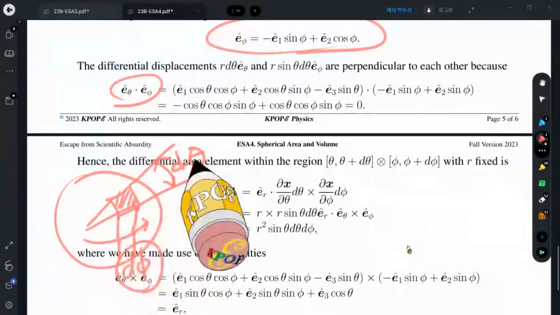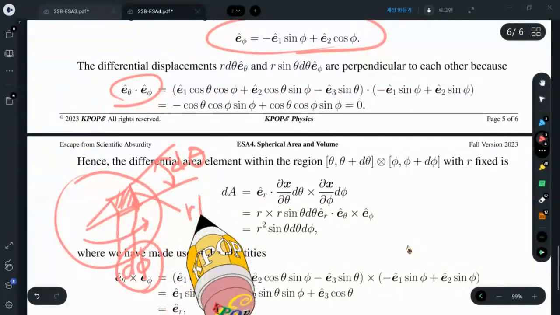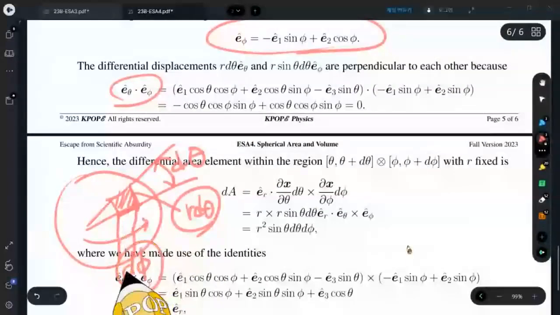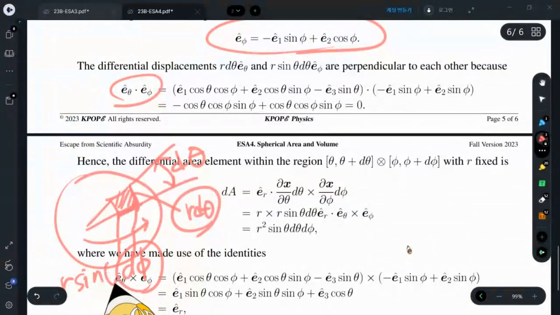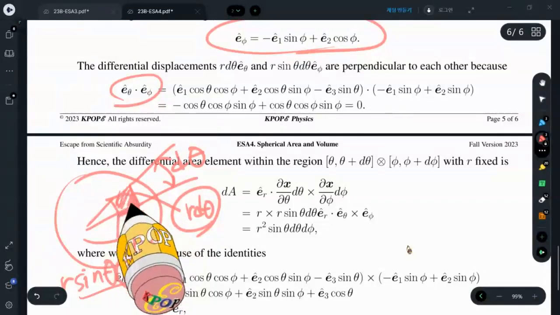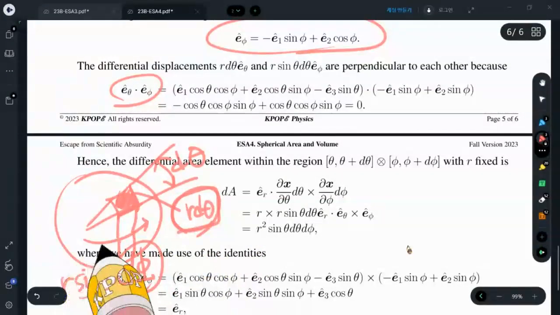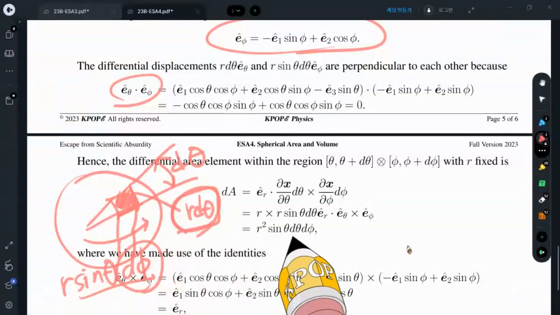We know the angle is d theta, and the arc length is r d theta. And the angle is d phi, but the arc length is r sine theta d phi. Therefore, the area of this rectangular region is this one multiplied by this, so r squared sine theta d theta d phi.